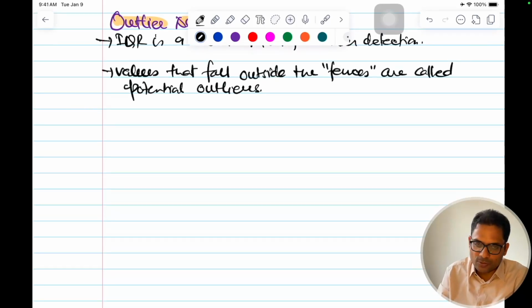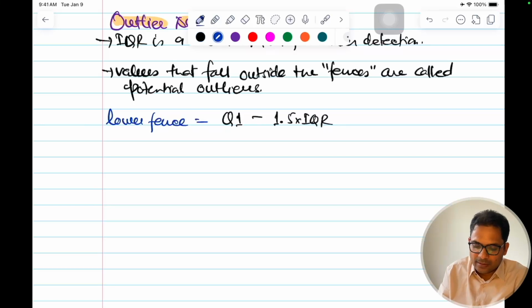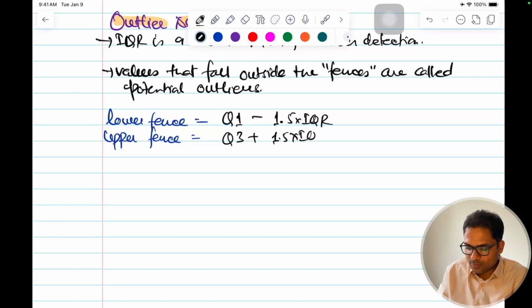For example, how do we define the lower and upper fences? The lower fence is equal to Q1 minus 1.5 times IQR, and the upper fence, the upper boundary, is equal to Q3 plus, again the same thing, 1.5 times IQR.